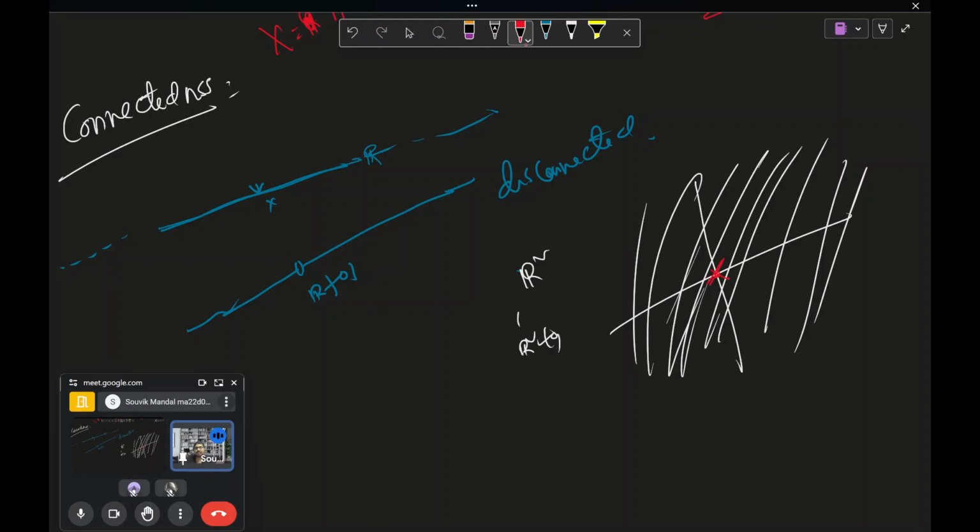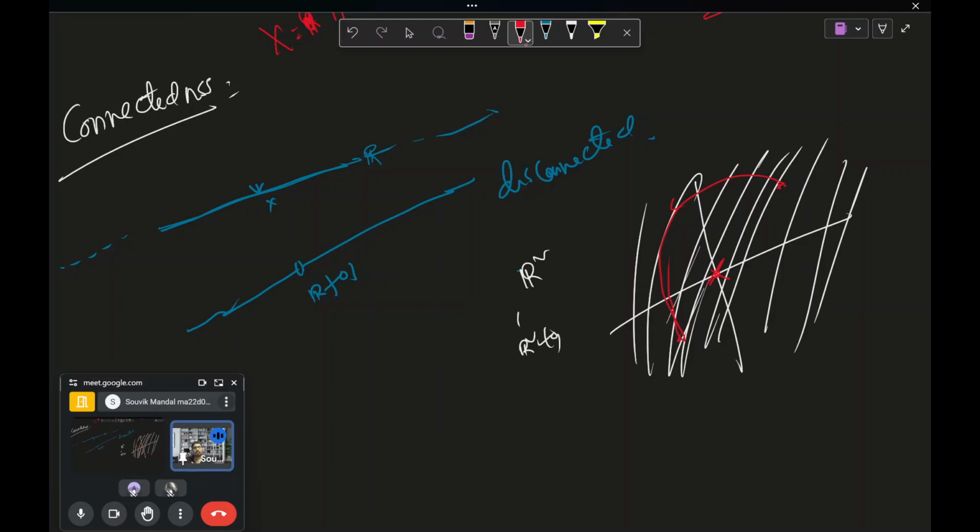But anyway, there is no disconnection, because if we consider one point and another point, we can go from one point to another directly without any break. So if we remove a single point from the real line, it becomes disconnected, but in the R2 case, if we remove one point from R2, it remains connected.